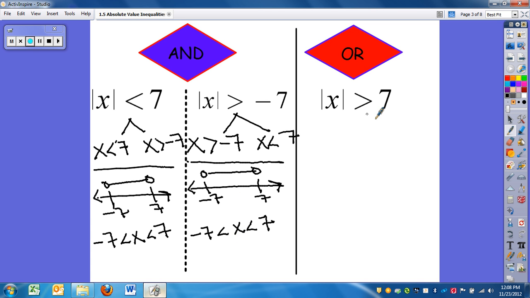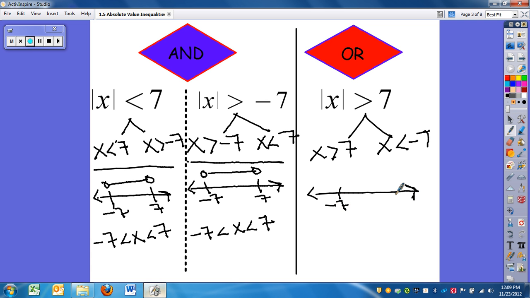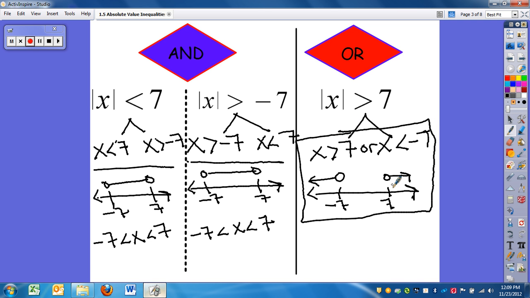So an or inequality is when it's greater than a positive number. So here, we're going to have x is greater than 7, and x is less than negative 7. So when I graph this, I get negative 7 and 7, open circles, and since I'm greater than 7 and less than negative 7, this is or, and very easily, because for or inequalities, all it is is an or in between, you can just put an or in between the 2 inequalities you finished up with, if they're close by to each other.